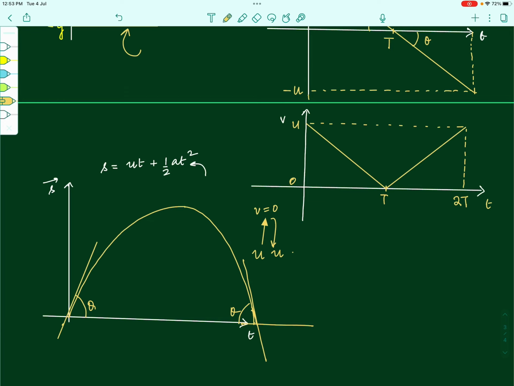Initial slopes will give us the initial velocities. Understand that at this point, if you draw a tangent, that tangent will be absolutely parallel to the time axis, telling you that here the velocity of the ball is 0, that means the ball is at its highest point right now. Okay, and at any middle point over here or over here, as you draw the tangents, you will see that their slopes are decreasing, their inclination is decreasing.